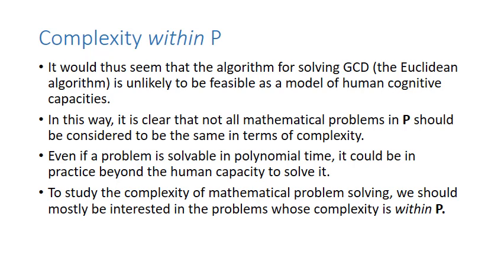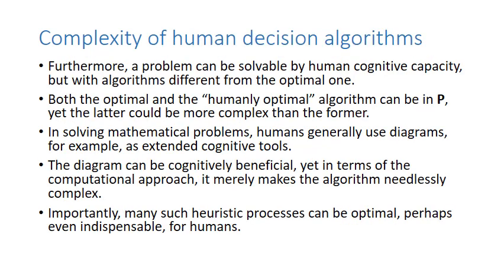Based on this consideration, I think that when we study the complexity of mathematical problem solving, we should mostly be interested in the problems whose complexity is within P. Furthermore, a problem can be solvable by human cognitive capacity, but the algorithms that we use may be different from the optimal one, which is the algorithm studied in the computational approach.